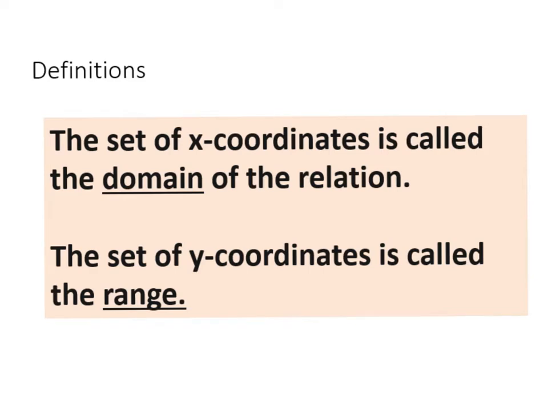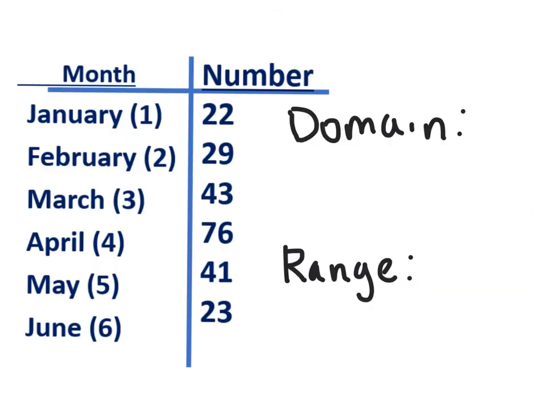The next vocabulary term is given below. The set of all the x-coordinates is called the domain of the relation, and the set of all the y-coordinates is called the range of the relation. So if we look back to our original example, if we wanted to list the domain, it would be all of our x-coordinates.